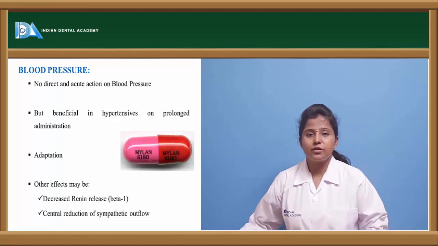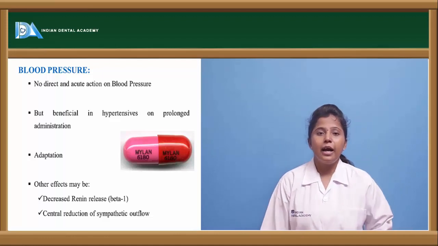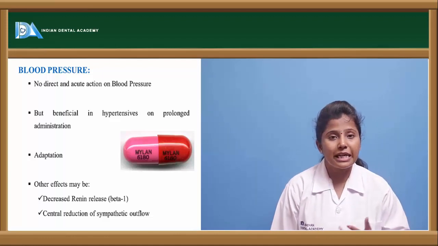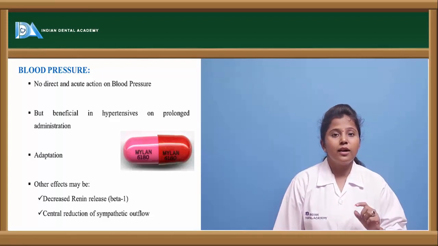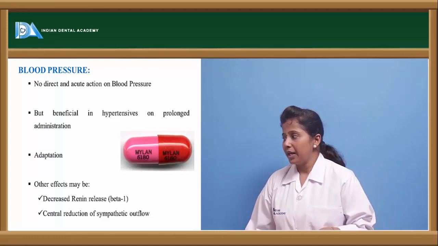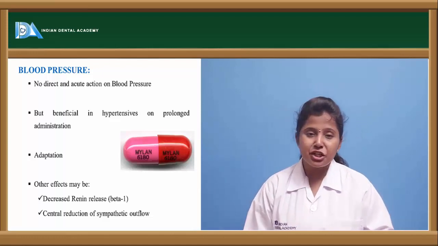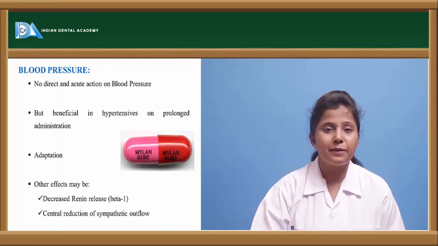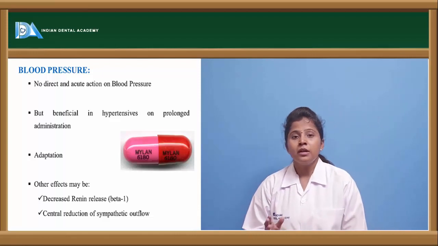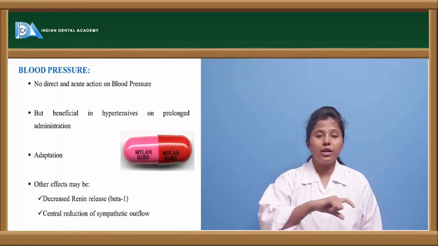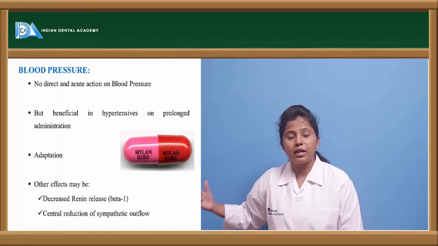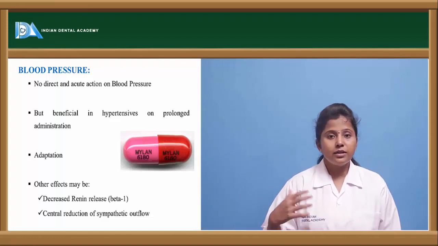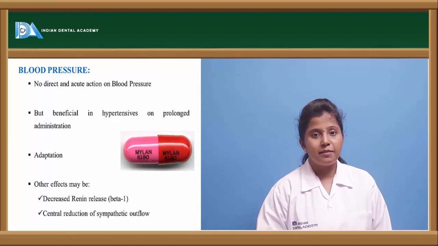The other effect shown by propranolol is that it affects the blood pressure. I told you it causes a decrease in the heart rate and a decrease in the cardiac output, so there will be a decrease in the blood pressure. But a direct blood pressure decrease is not observed. Here the systolic period is prolonged, and because of that there will be a decrease in the blood pressure.